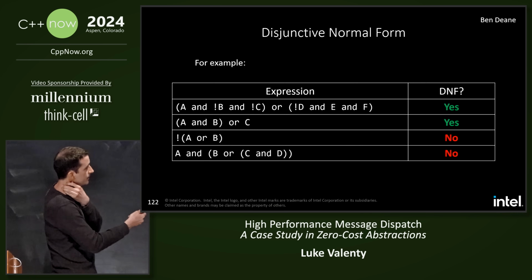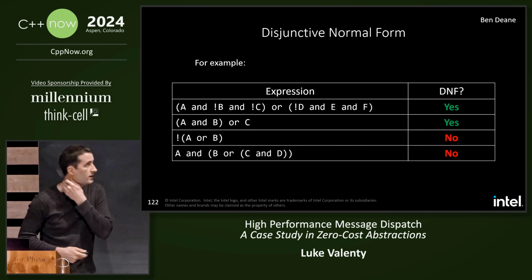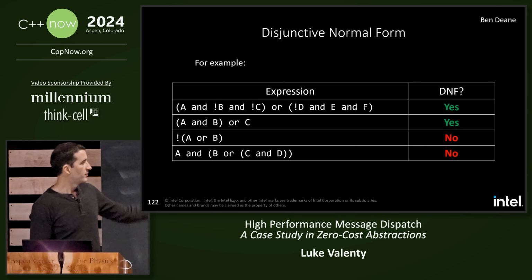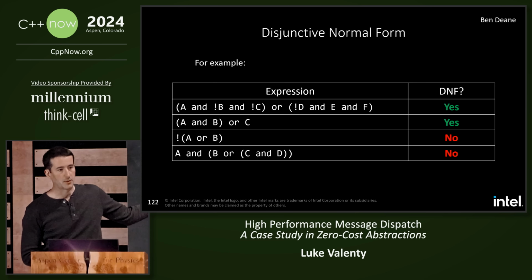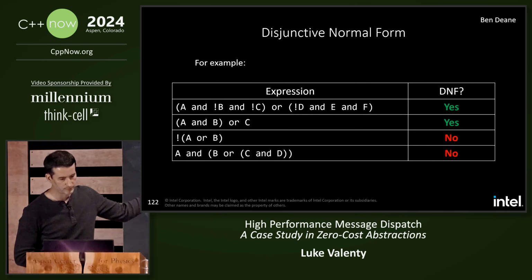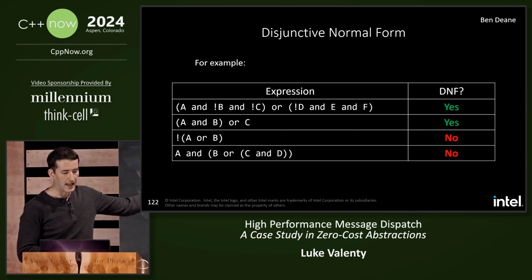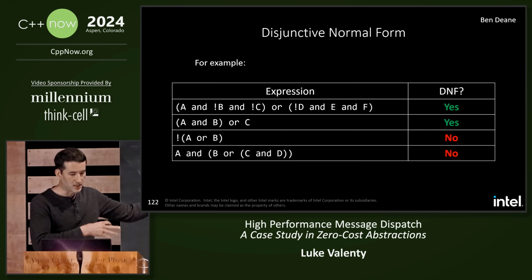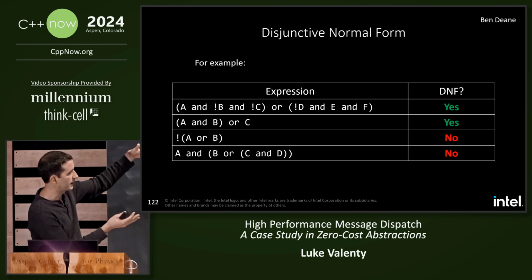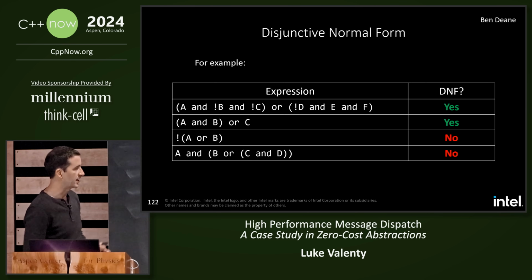So the first two expressions are sum of products, right? The last two are not. We can't have a not at the top, and we can't have a not of a full product term; that has to be transformed. And at the bottom, we can't do things like A and B or C and D, right? That's not in the form. If you think about it visually, you can't take that and transform it into a table directly.